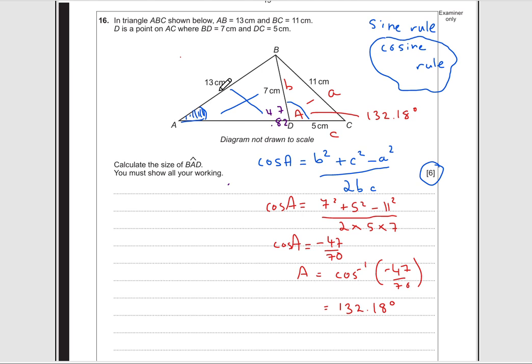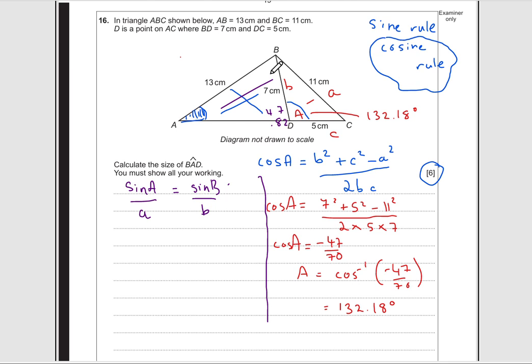Okay, so I've got the sine rule for this one because we've got pairs. We've got these two sides that make a pair, and these two sides here that make a pair. Whatever I want to work out, I'm going to start with that on the top of my fraction. So the sine rule will work either way. In this case, I'm going to have sine A over a equals sine B over b.